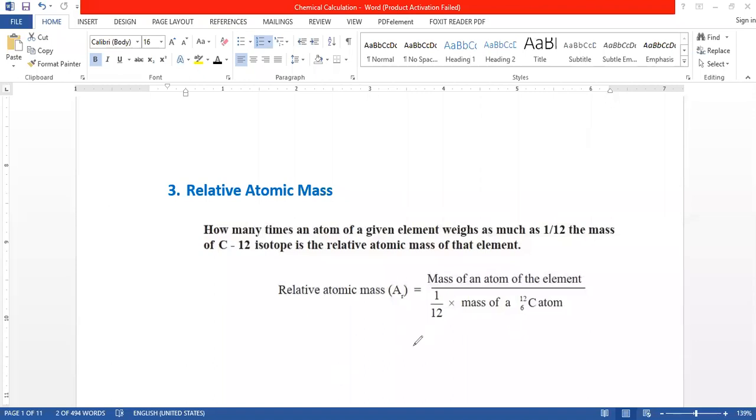Relative atomic mass is equal to the mass of an atom of the element over the atomic mass unit. Excuse me all, this link will expire in 10 minutes and I will send another link, you can connect, right?